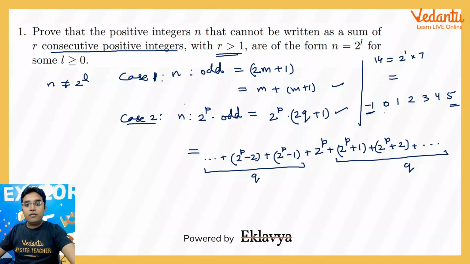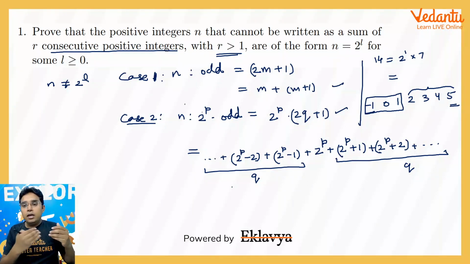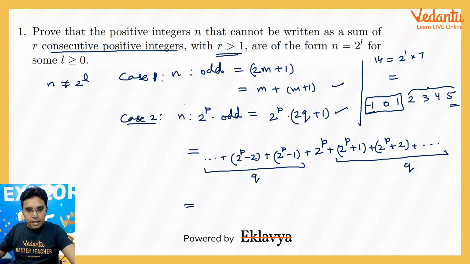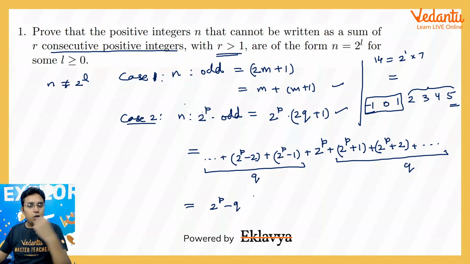So in this case we can ignore these three terms in the beginning, and say 14 is the sum of these four consecutive positive integers. Whenever this kind of situation comes, we can ignore that many terms so that the negative terms are ignored. For example, suppose I was taking 2 power p minus q; my term would have been 2 power p minus 2, yeah, that's correct.